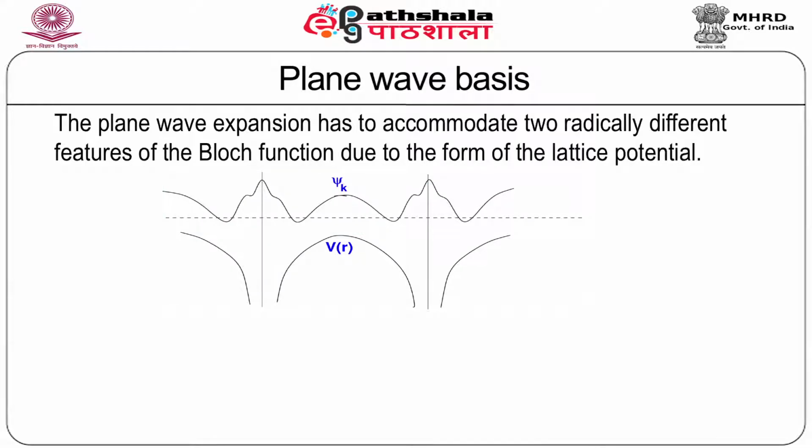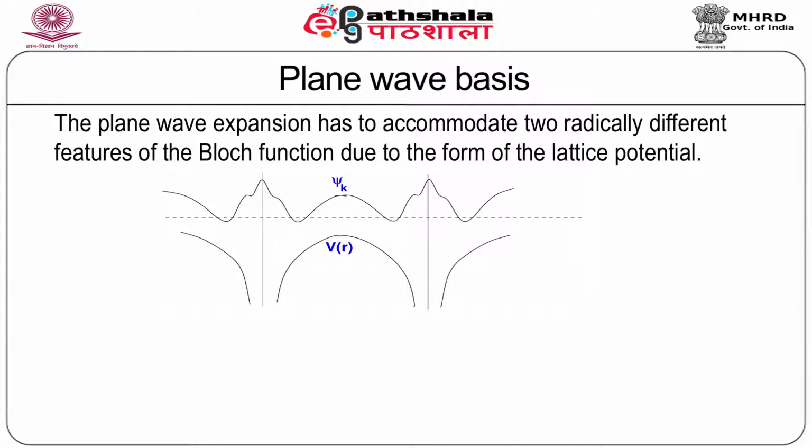In the region between the ion cores, the potential is nearly flat and reflects the translational periodicity of the lattice. Accordingly, the wave function psi is slowly varying in the manner of plane waves, joining smoothly from one cell to another by virtue of Bloch's theorem.